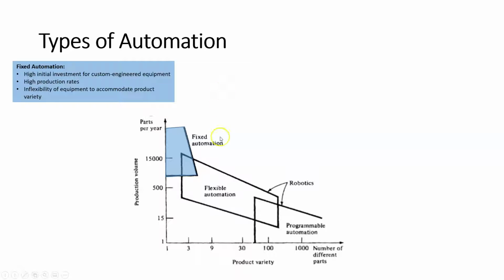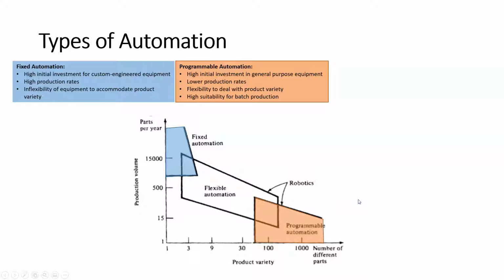All right. Moving down to the programmable or soft automation. A perfect example would be a robot, or we might even say a CNC machine tool. A CNC machine tool, we can program it to make any part that we want to. We can use different metals. We can make large parts and small parts.